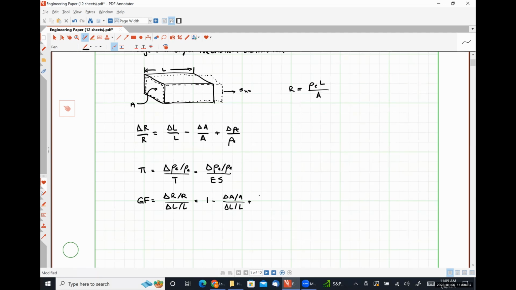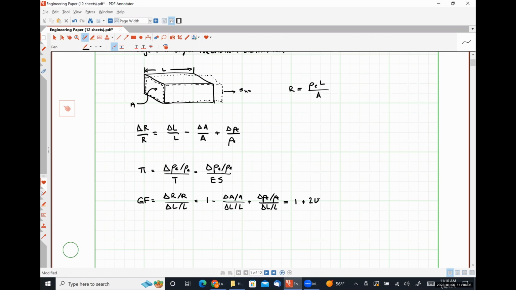plus the fractional change in resistivity divided by the strain, and tying things back together with our review of stress and strain relationships. The change in area over the change in length is governed by Poisson's ratio, so we can reintroduce that here.